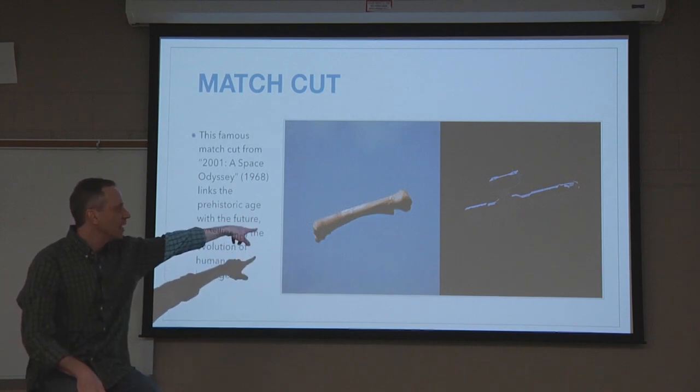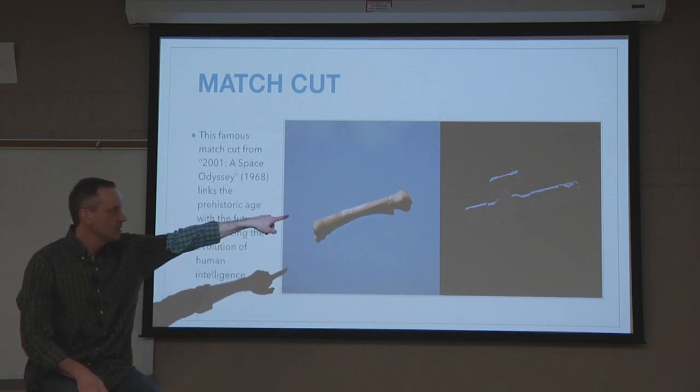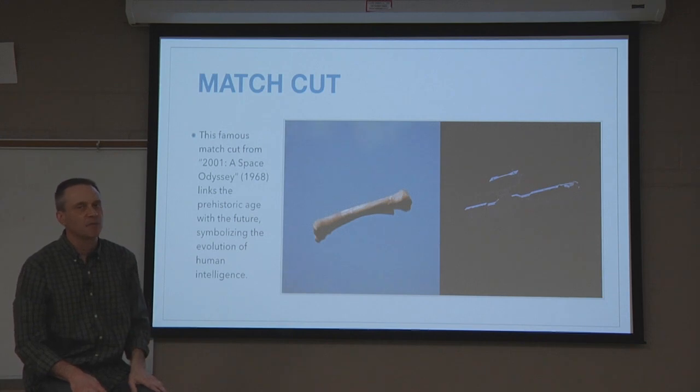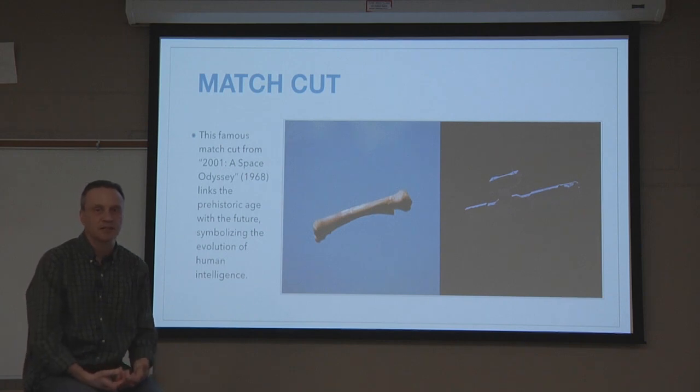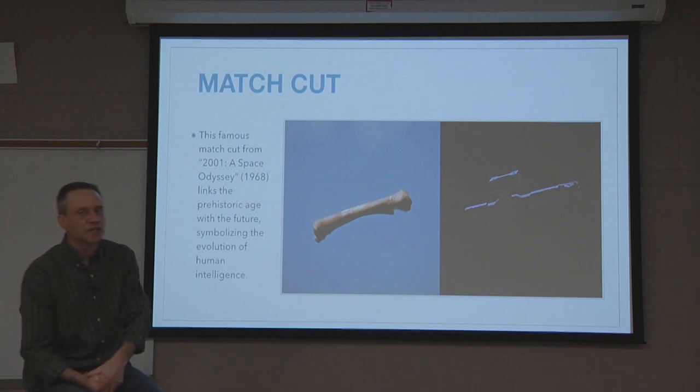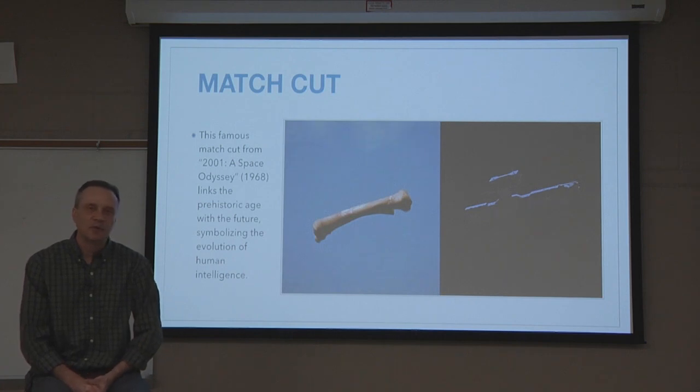We cut from that image to a very similar shot of a satellite moving through space, using this match cut to show the evolution of human intelligence, linking past to the future. So match cuts can be pretty effective. They're pretty powerful symbolic devices, but not something we probably want to overuse. Use these kinds of cuts sparingly.